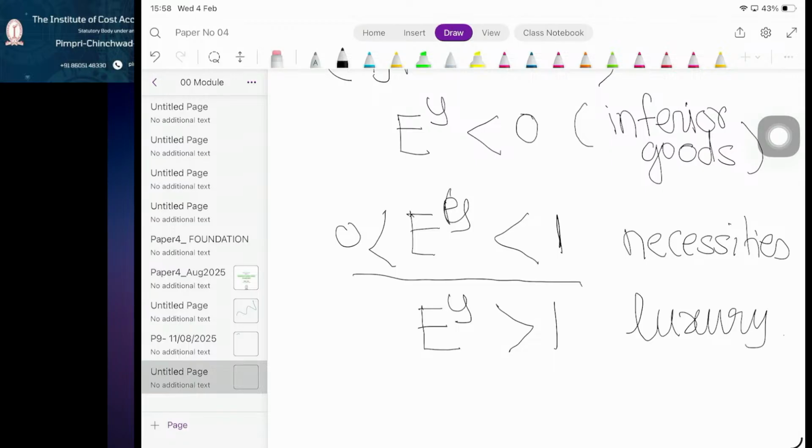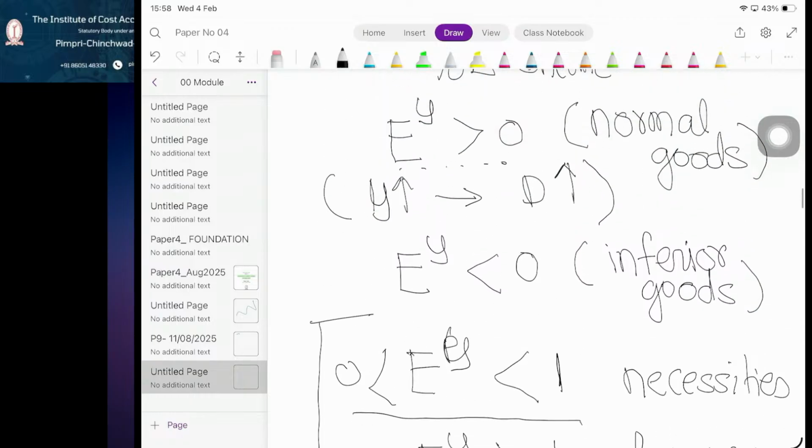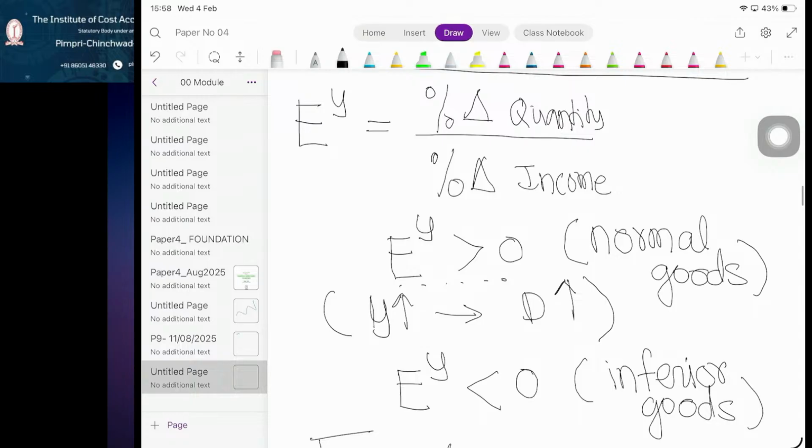Okay, so remember, you have to memorize these values because you're going to write multiple choice questions where you may get this in an applied form. So you should be able to handle this.